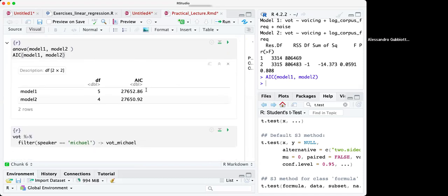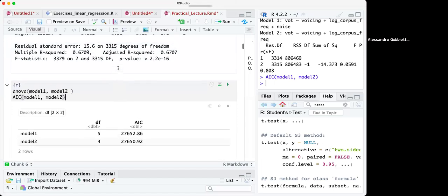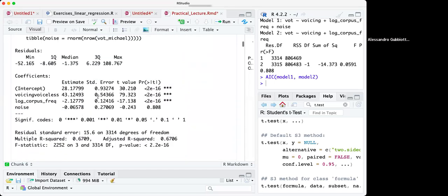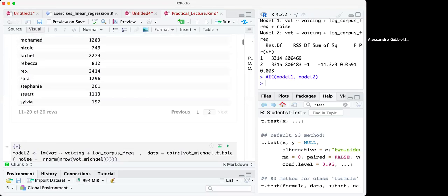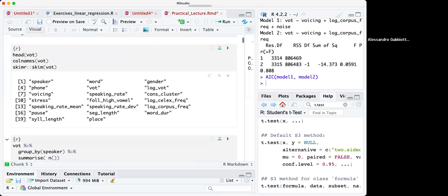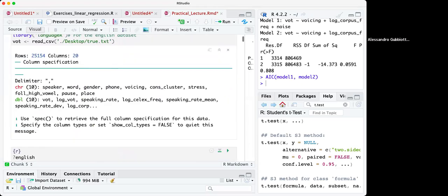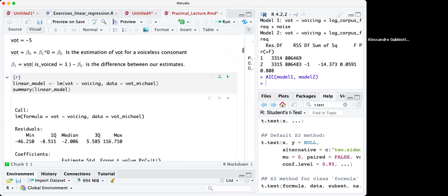And I guess the bigger, the better in this case. Ah, no, the smaller, the better, sorry. Okay, maybe let's compare. Model 1 is really not a big model, it was something spurious that I defined.